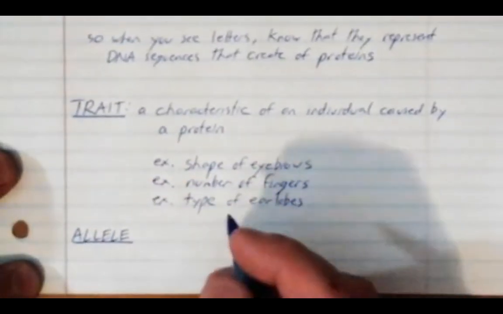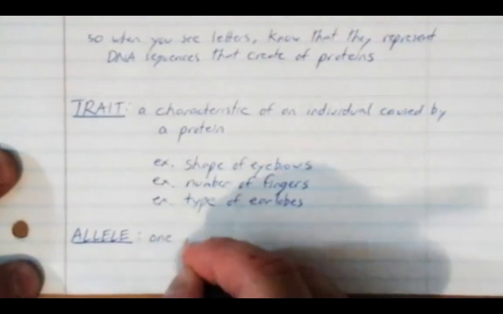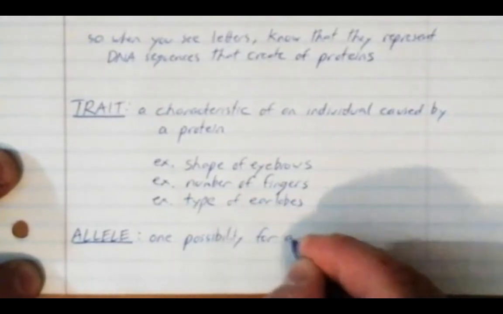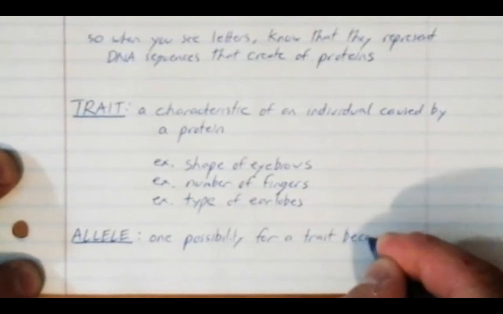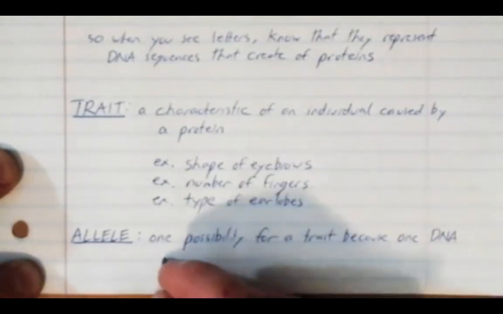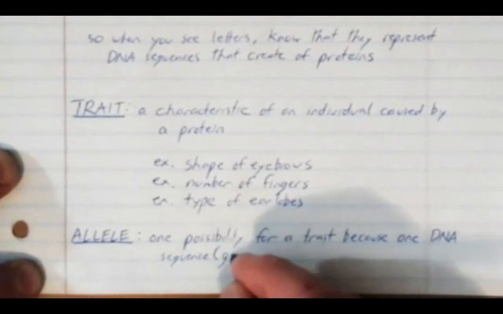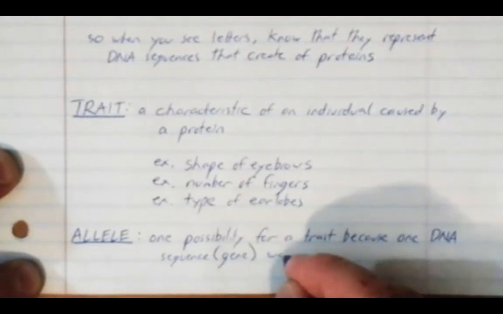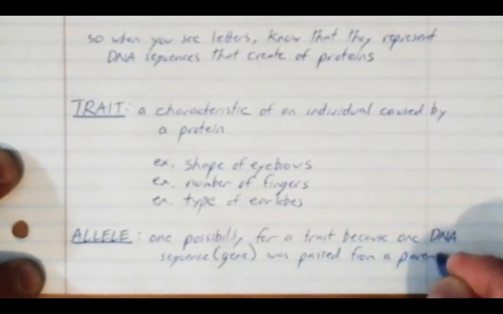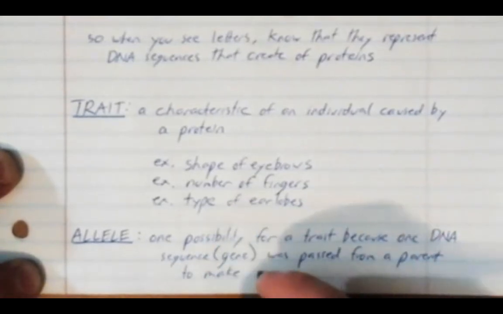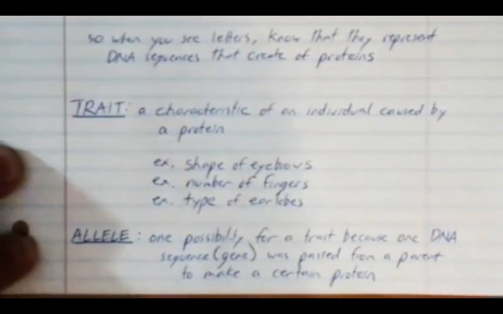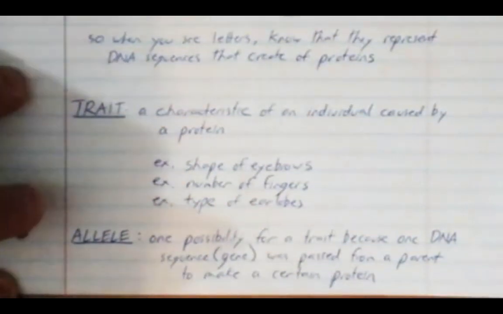An allele is one possibility for a trait because one DNA sequence, or again, a gene, was passed from a parent to make a certain protein. Okay. So the trait is the category, the allele is the possibility.